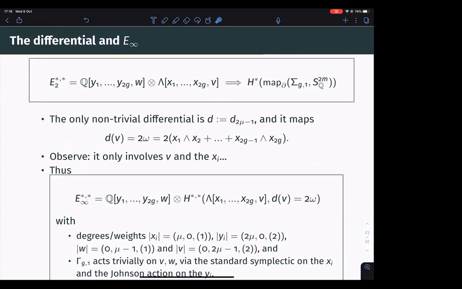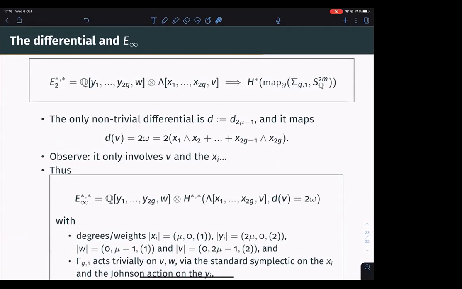Okay, what's the differential? I cannot exactly tell you now, but it's not hard to see by comparing with another spectral sequence that makes more sense. The only non-trivial differential is the 2 mu-1 differential.